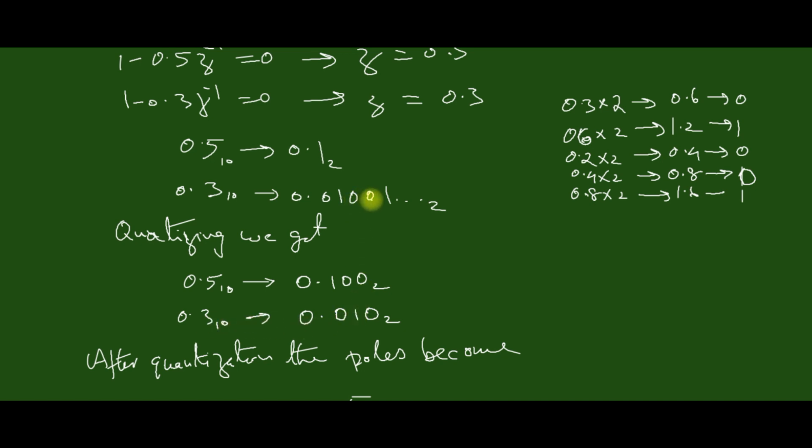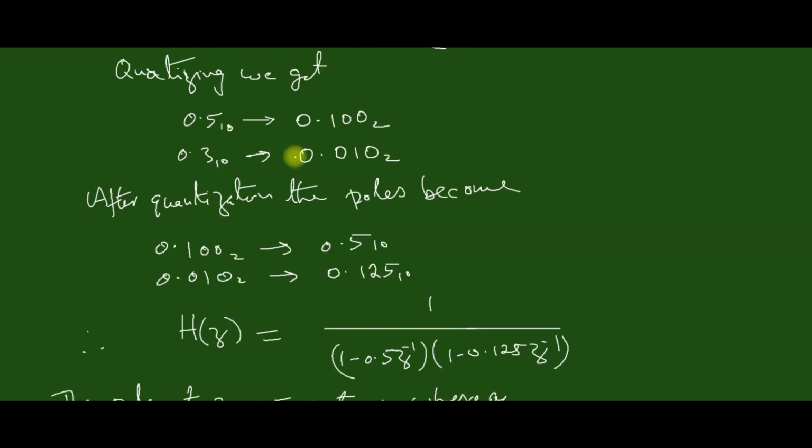The fourth bit here is 0, so from the fourth bit onwards we can simply discard, so that the value becomes 0.010 in binary format. Now convert this quantized value into decimal. So after quantization the poles become 0.5 itself, whereas 0.010 is 0.25.